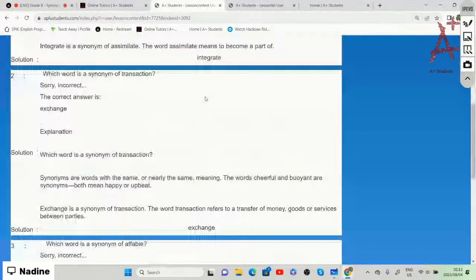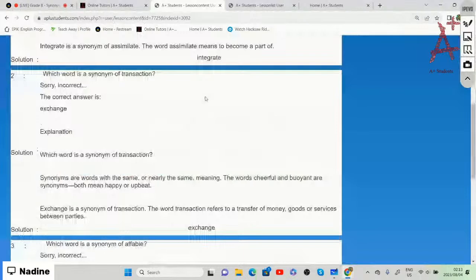Which word is a synonym of transaction? If there's a transaction taking place, the word transaction refers to a transfer of money, goods, or support. Another word for transaction is exchange.